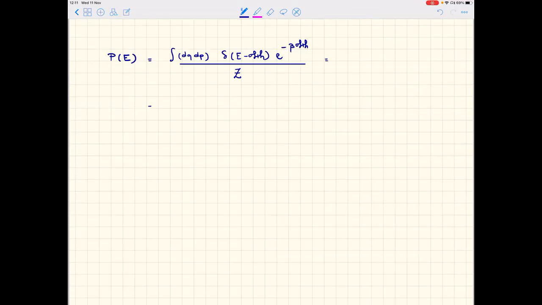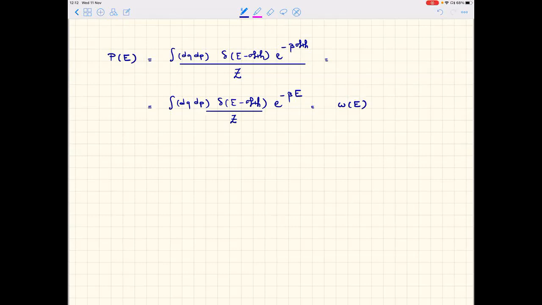This integral is the integral dq dp delta E minus H e to the minus beta H. Since I have a delta function, I can substitute it here, divided by Z. Now I can write this as omega of E, which is essentially the derivative of sigma.